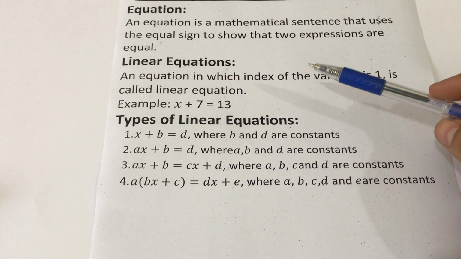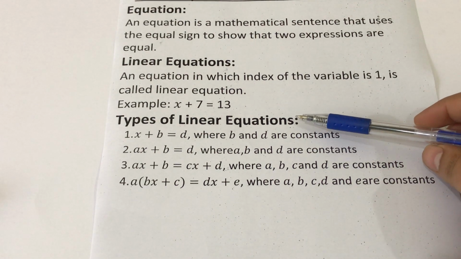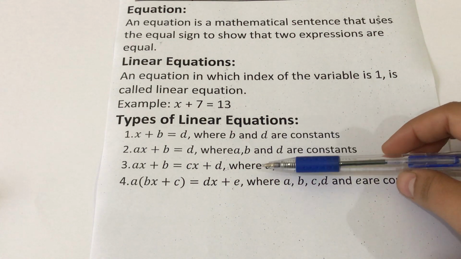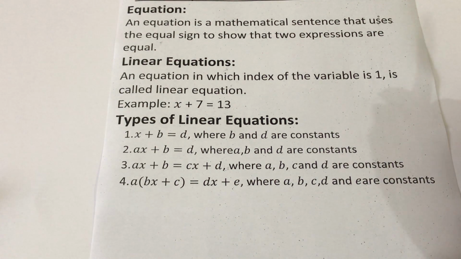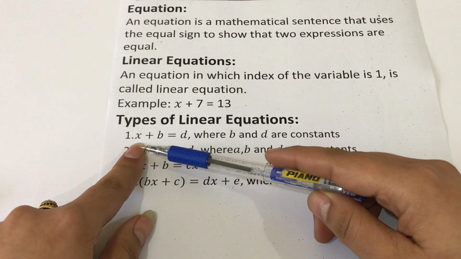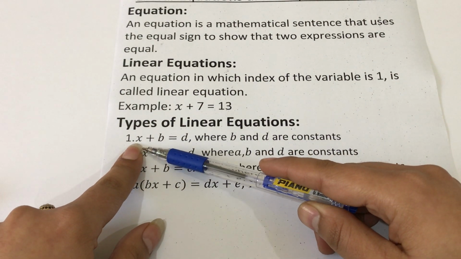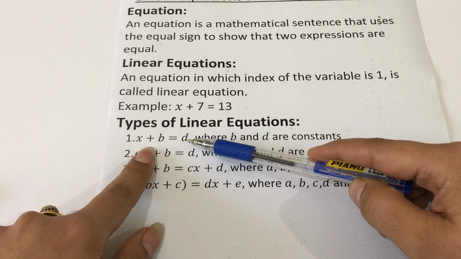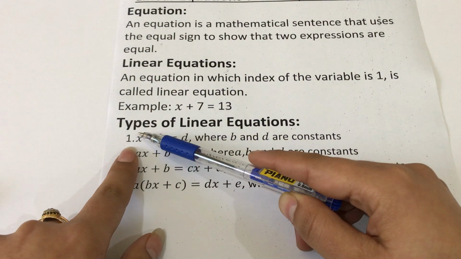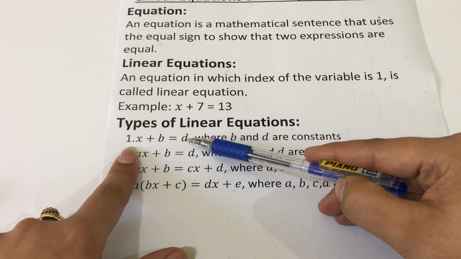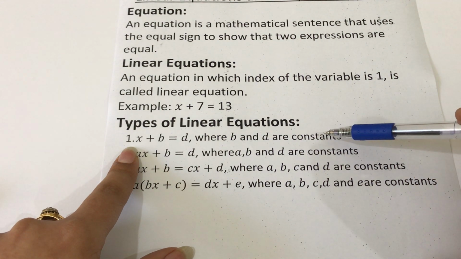So the next thing we are going to learn about is types of linear equations. Students, we have 4 different types of linear equations. Number 1 is of the form x plus b is equal to d. In this equation, x would be the variable, b and d are the constants, right?